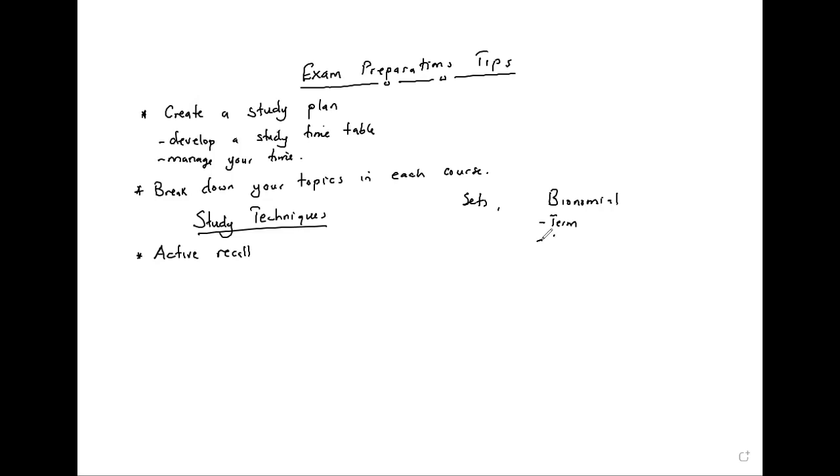How to approximate. So that whenever I think about binomial, I know that binomial is knowing how to find a term, knowing how to approximate, knowing the expansion. You see that?